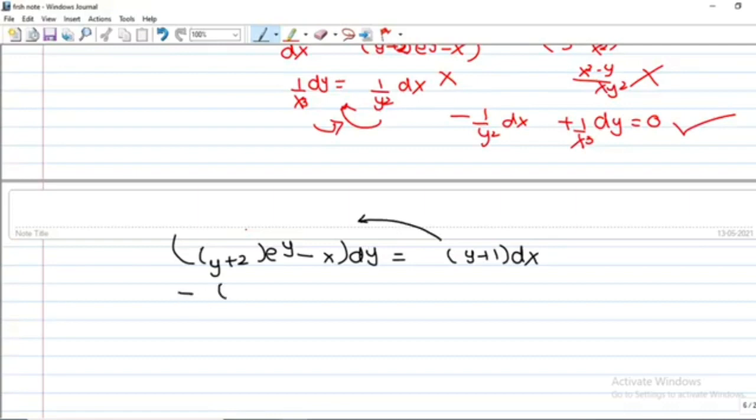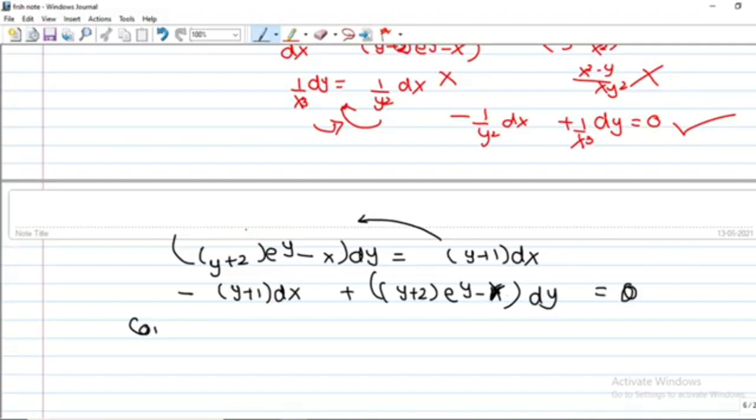So we can shift this to that side. We get minus (y plus 1) dx plus (y plus 2 e power y minus x) into dy should be equal to 0.